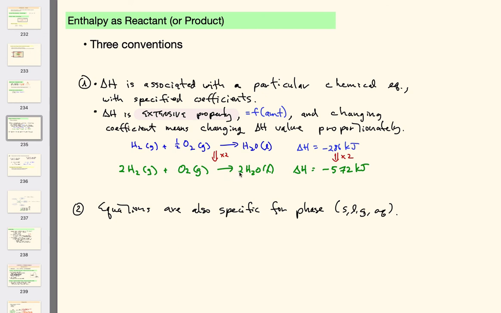Why? Because a lot of times in thermo, you're going to get questions, you're going to get equations that look like this. It's common fare to get questions that look like this. And it's kind of freaky when you start talking about half of an oxygen molecule or half of something or half of a water molecule.